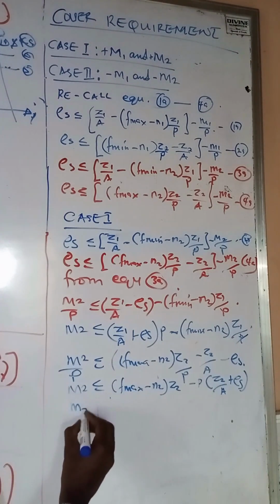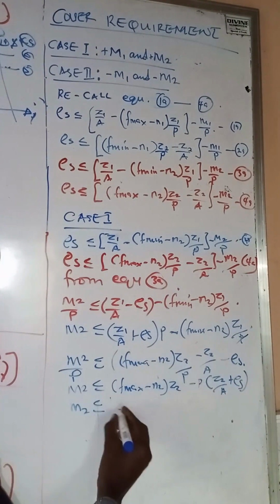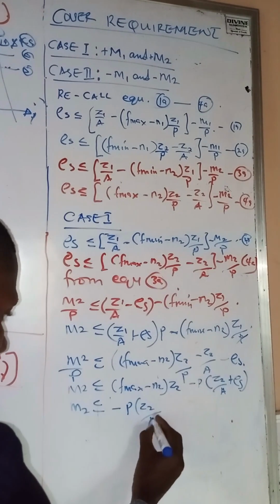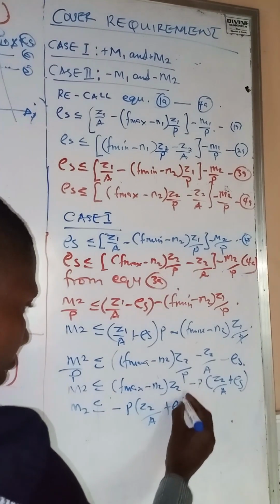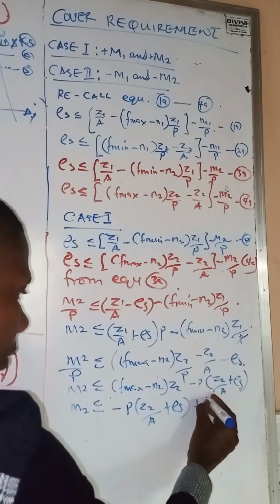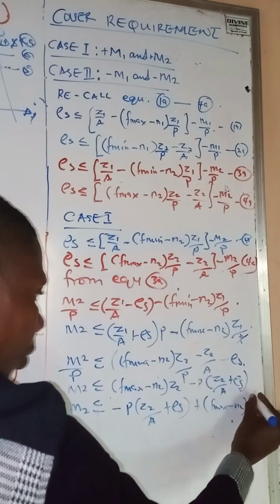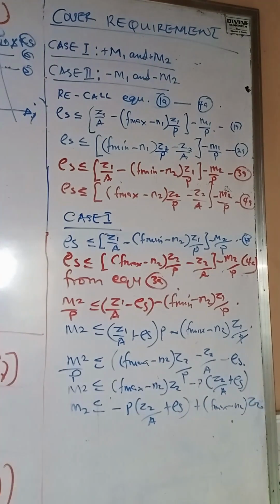We can now rewrite this, where P bracket Z2 over A plus e_s plus F maximum minus N2, Z2. So this becomes our next expression.